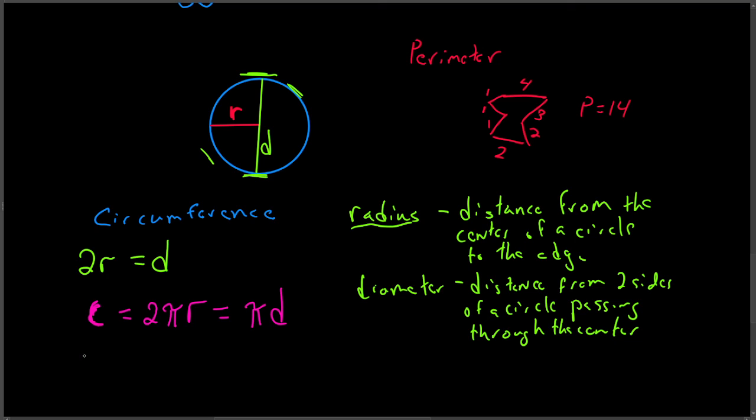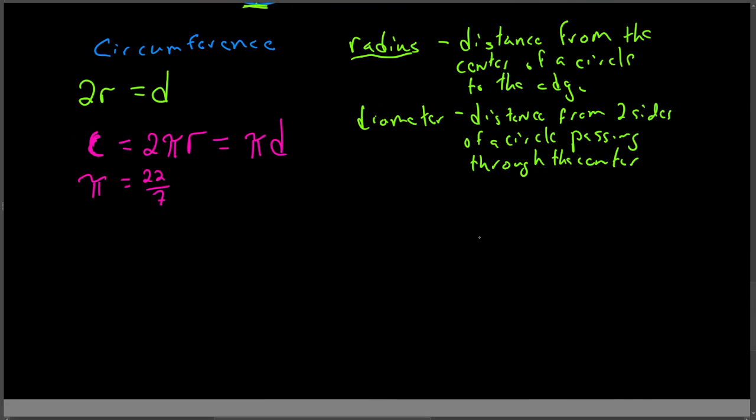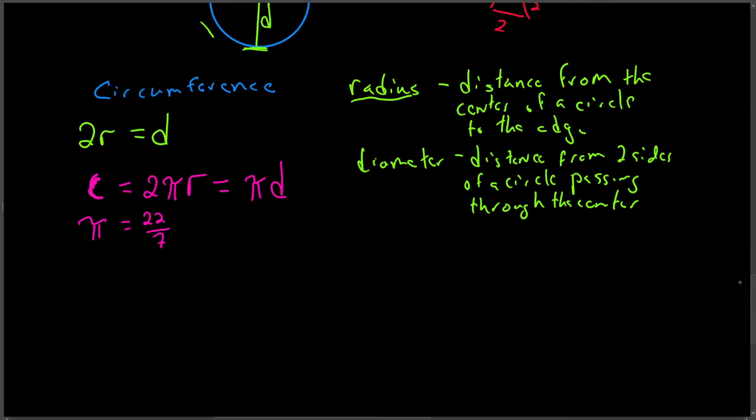Now pi, the Greeks approximated to 22/7. But it's really a never-ending decimal. There's certain numbers that we can't write as fractions, and so their decimals go on forever. It's approximately, to 2 decimal places, 3.14.